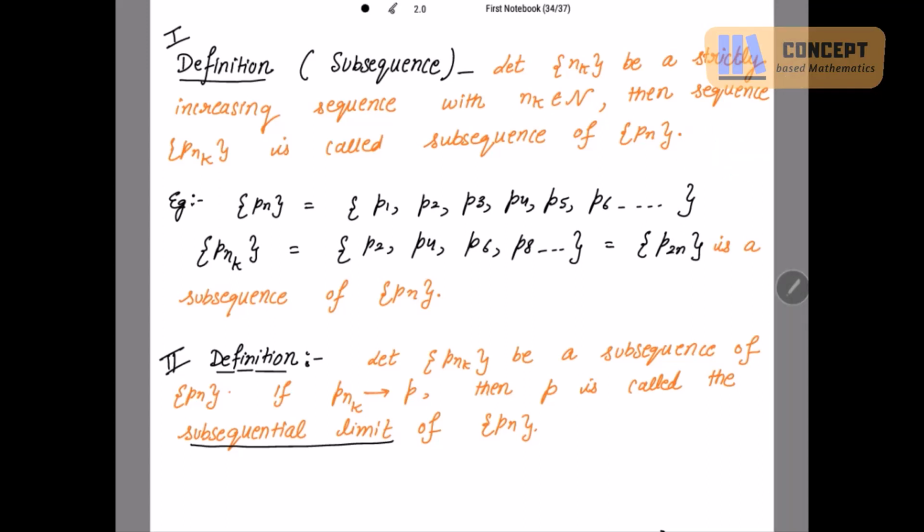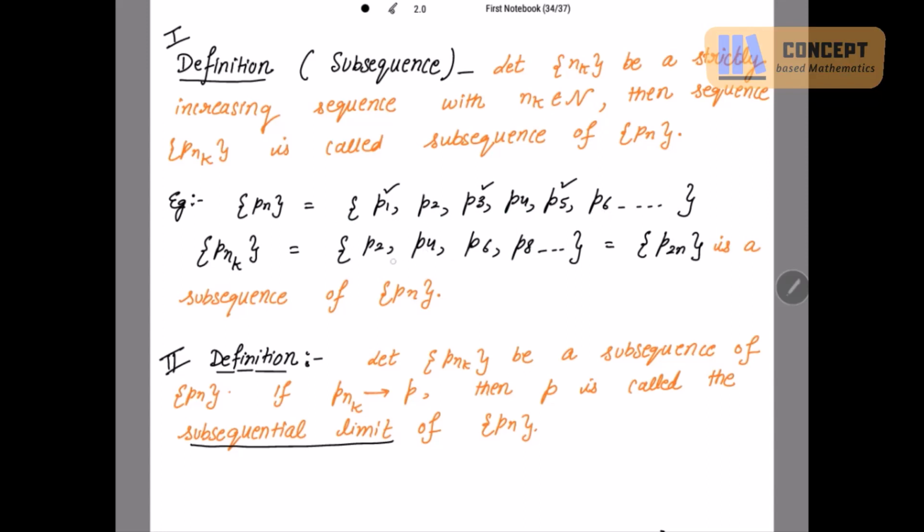For example, suppose I have my sequence Pn equal to P1, P2, P3, P4, P5, P6, and so on, right? What I have done is delete P1, P3, P5 from the sequence. And I get my new sequence Pnk, that is a subsequence, having the elements P2, P4, P6, P8. Now the subscripts are 2, 4, 6, 8 here, and in the Pn sequence, subscripts are 1, 2, 3, 4, 5, 6.